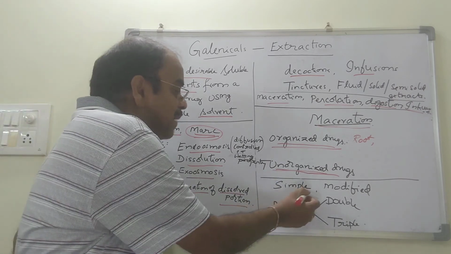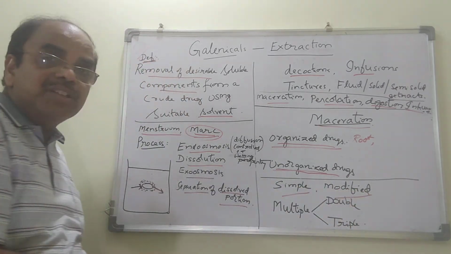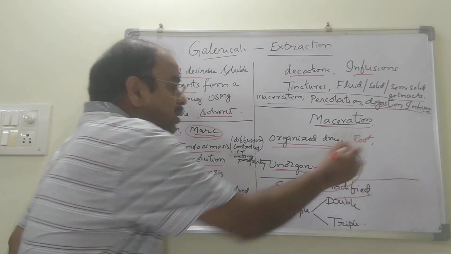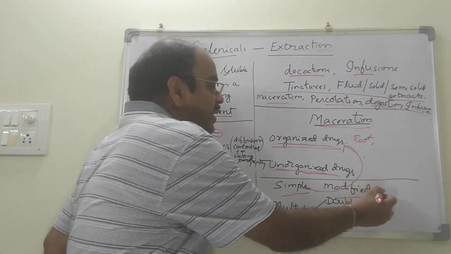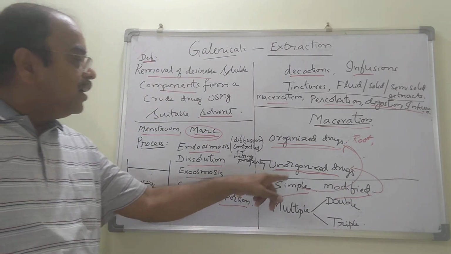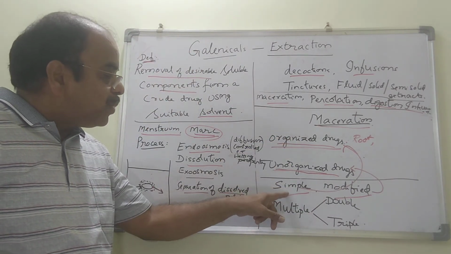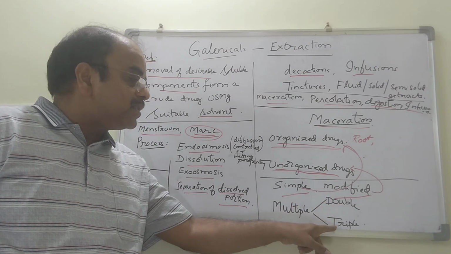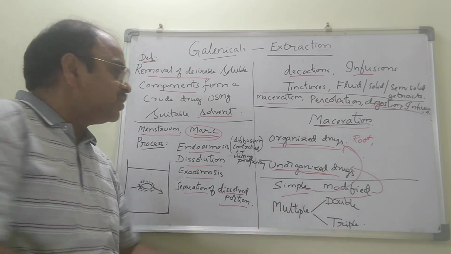It may be simple maceration or modified maceration. Simple maceration is for organized crude drugs, and modified maceration is for unorganized crude drugs. It may be simple or multiple, such as double maceration or triple maceration. What is simple maceration? We'll see that now.